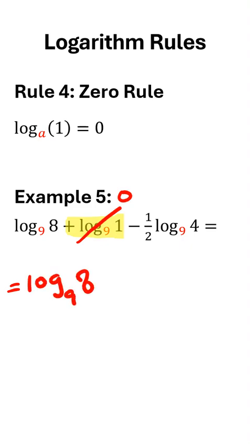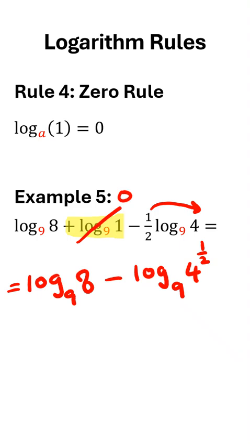So now we have log to base 9 of 8 minus a half log to base 9 of 4. So this half can be moved here. It becomes the power of 4. So minus log to base 9 of 4 to the power of a half. And 4 to the power of a half is the same as the square root of 4, so we get 2.